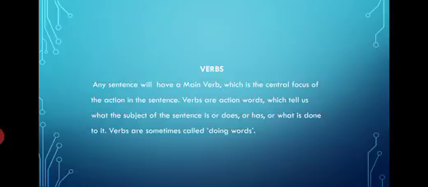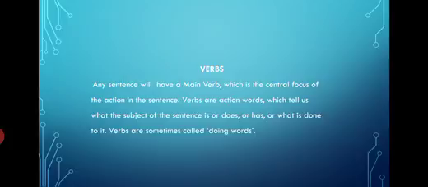Verbs are action words which tell us what the subject of the sentence is or does, or has, or what is done to it. Verbs are sometimes called doing words. We can call these verbs doing words also.